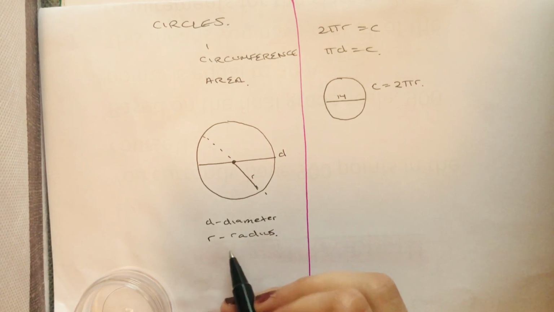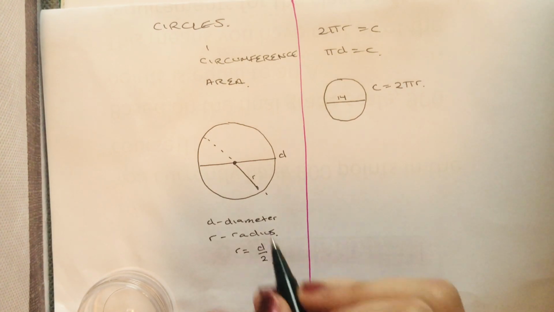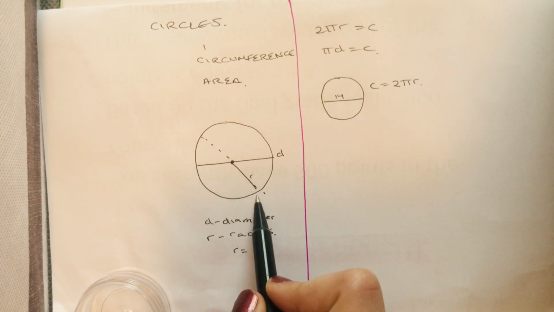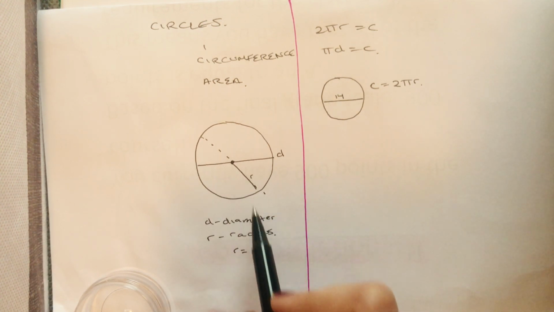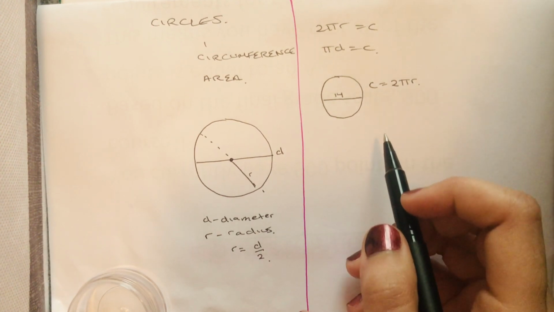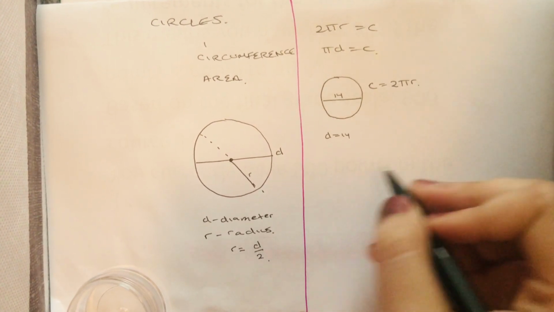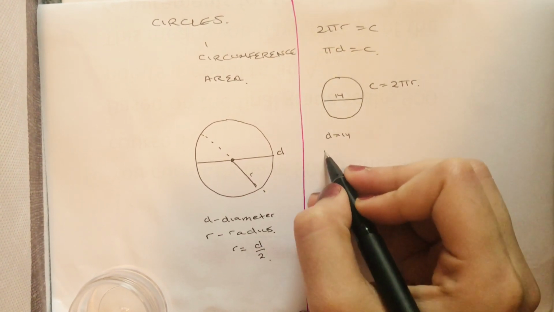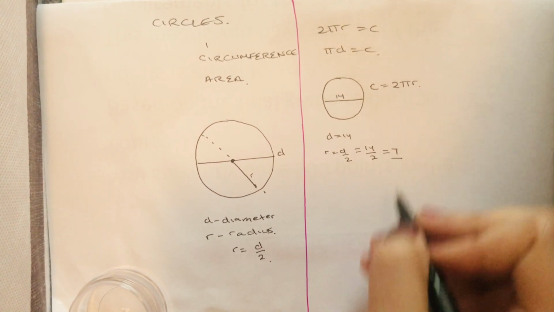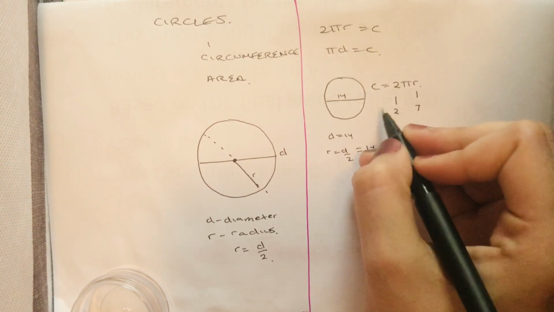But we know that radius is equal to diameter over 2, right? Remember we said that before, that a radius is half of a diameter, so radius times 2 is diameter. Now because we know the diameter is 14 and the radius is diameter divided by 2, 14 divided by 2, you have your radius as 7. So you substitute r with 7, the 2 remains right there.